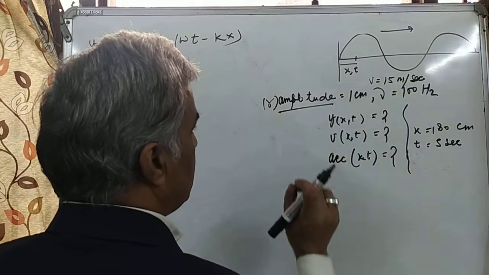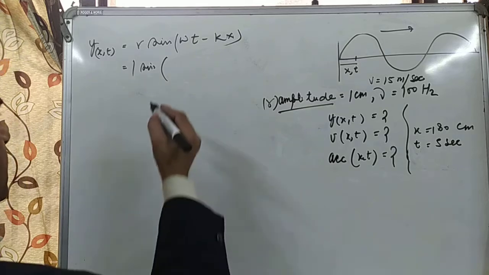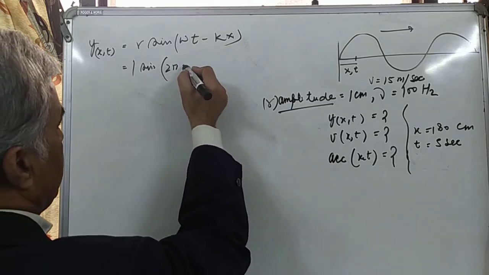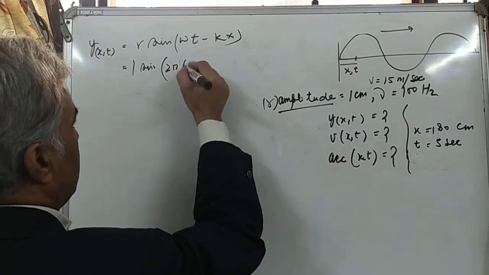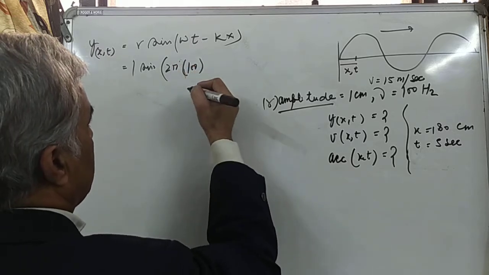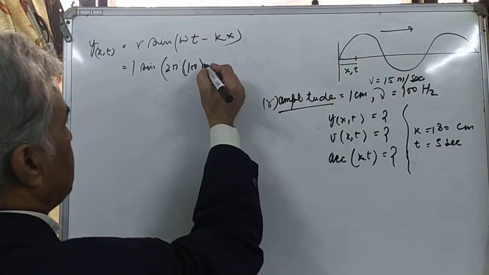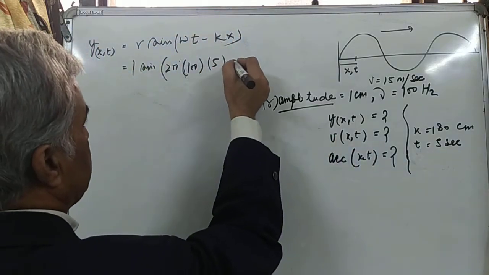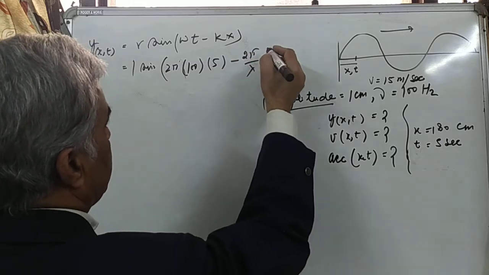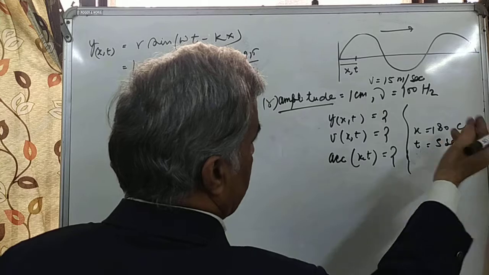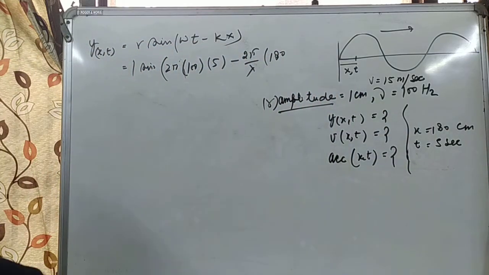Frequency is given as 100, and omega is 2 pi nu, with nu equal to 100 and time t equal to 5 seconds, minus k, which is 2 pi by lambda, and x is 180 centimeter.